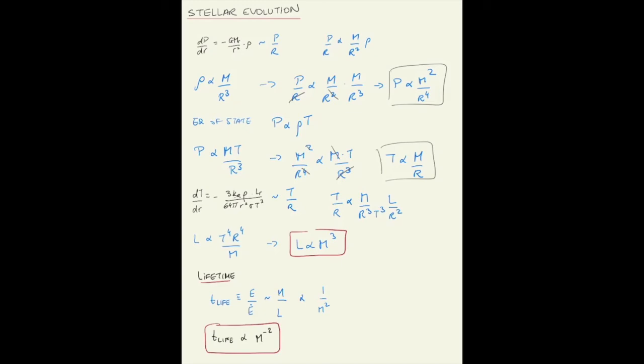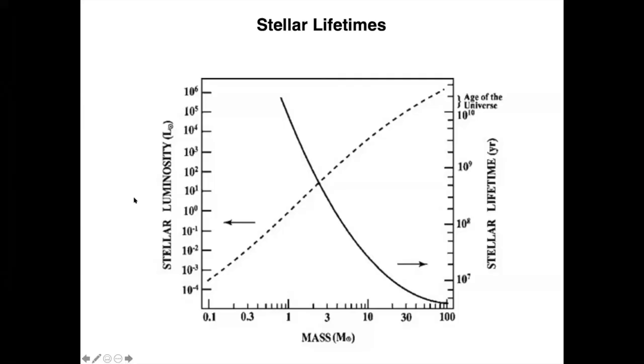Now, this is a fantastic result, and even more remarkable considering the simple approximations that were done. The lifetime of a star decreases with the square of its mass. A more massive star has more fuel, but it burns it at a faster rate. This result is shown here. On the x-axis, you have the mass going from 0.1 to about 100 solar masses. That's more or less the range of the main sequence.